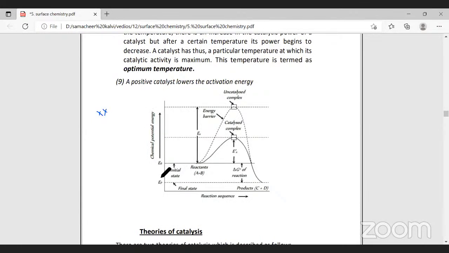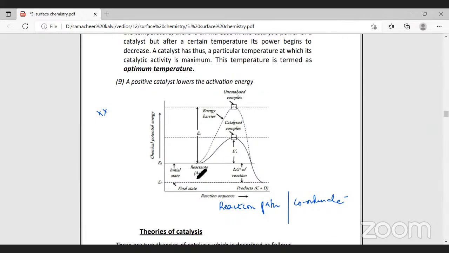So this is potential energy, and this is the reaction sequence, or reaction path; we can also call it the reaction coordinate. You can see here, this dotted line is in the absence of catalyst.